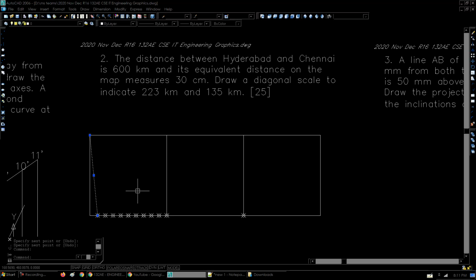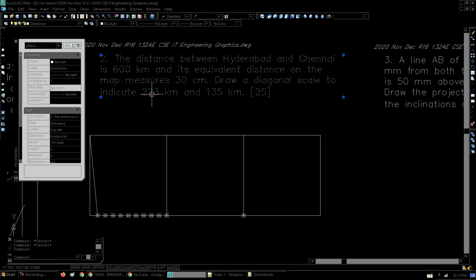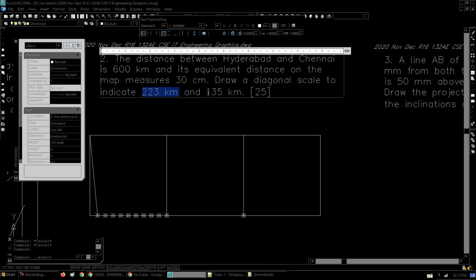So we have already made 10 equal divisions within 100 kilometers, which means each of these smaller divisions measures 10 kilometers. Now these 10 kilometers are further supposed to be divided into 10 more parts to get 1 kilometer each, and that's what is going to allow us to mark the given dimensions, 223 kilometers and 135 kilometers.